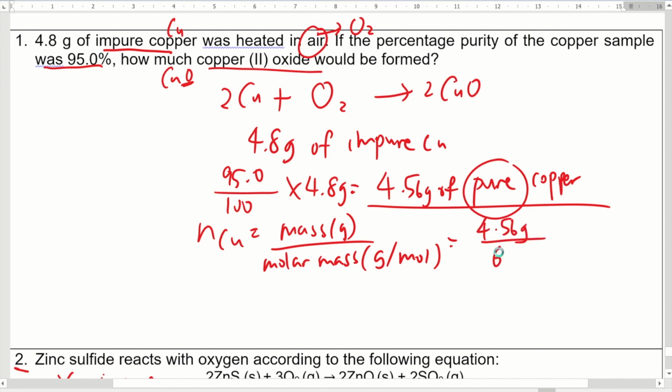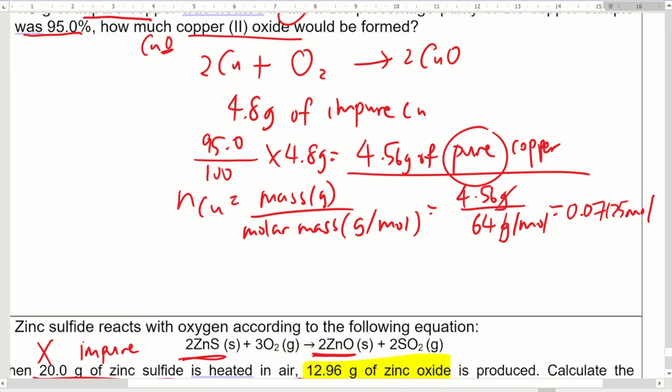So 4.56 gram divided by my atomic mass, 64 gram per mole. The number of moles will be 0.07125 moles.